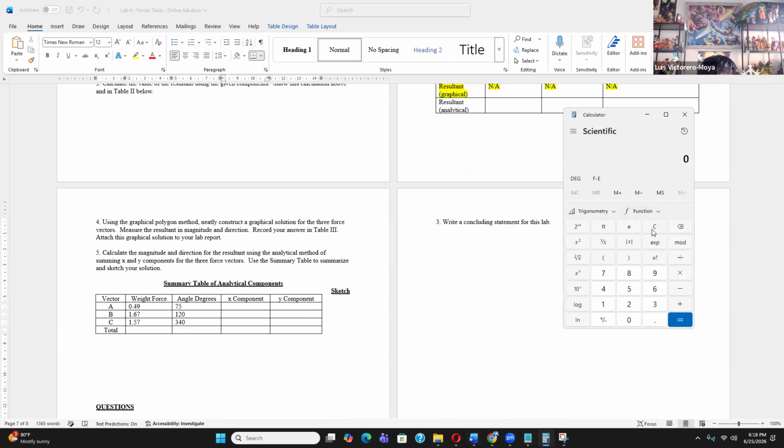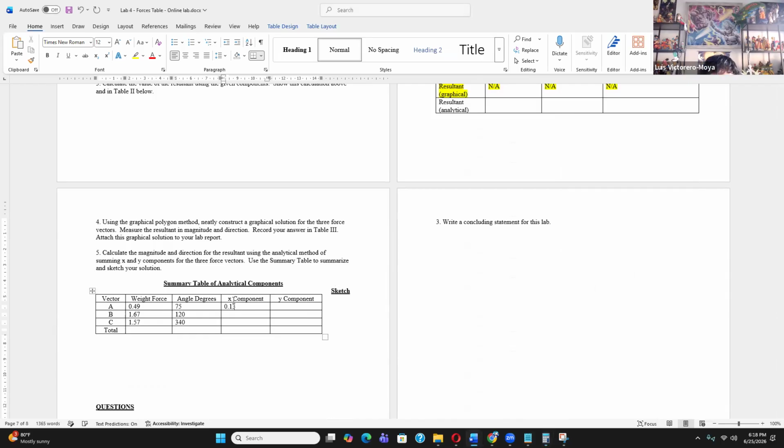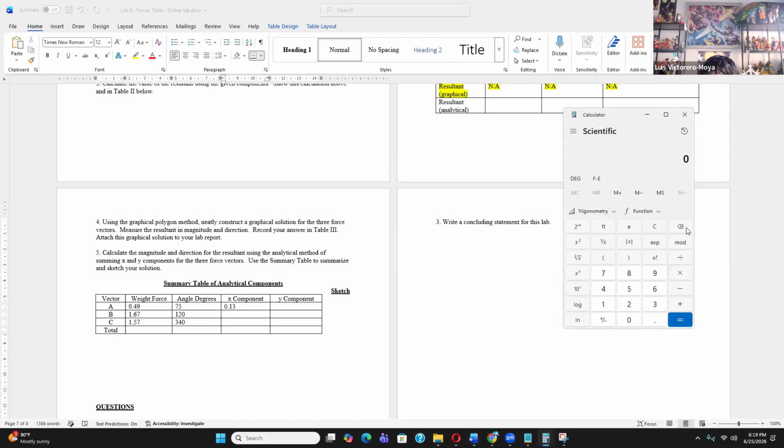So for A, 0.49 times the cosine of 75, that's 0.13. That goes here. The y component will be positive as well, 0.47.